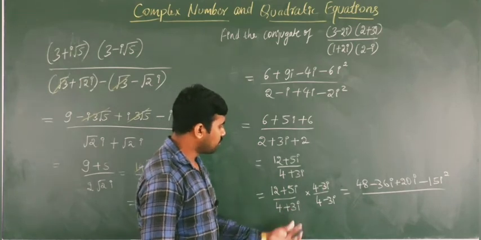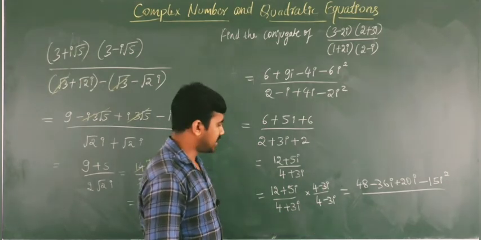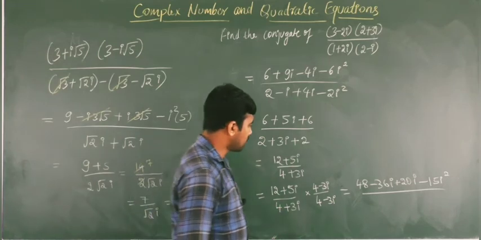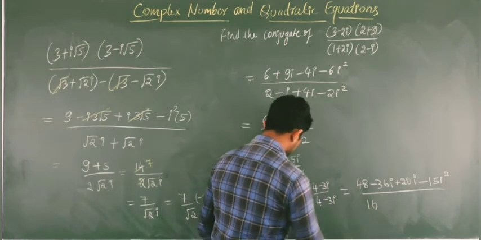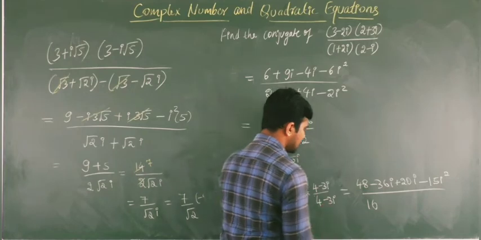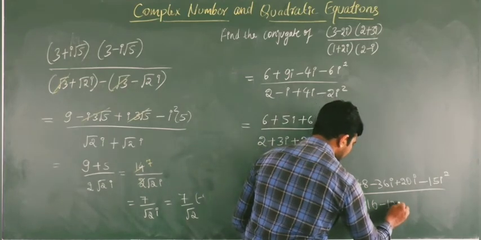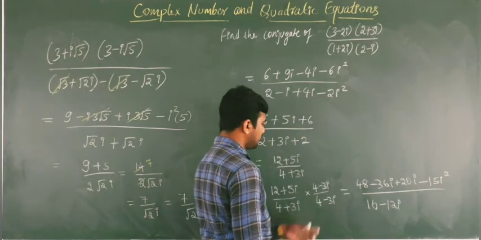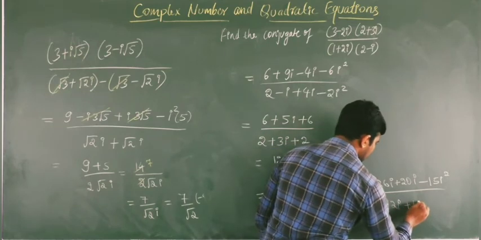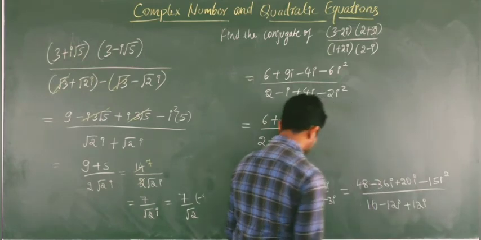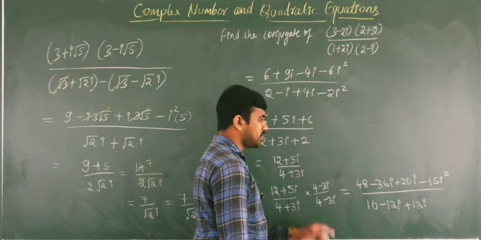Denominator: 4 plus 3i into 4 minus 3i. 4 into 4, 16. 4 into minus 3i, minus 12i. 3i into 4, 12i. 3i into minus 3i, minus 9i square.